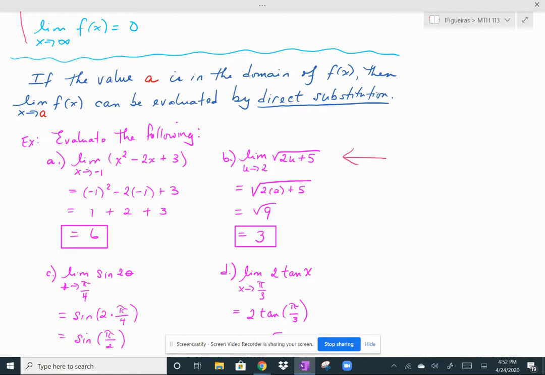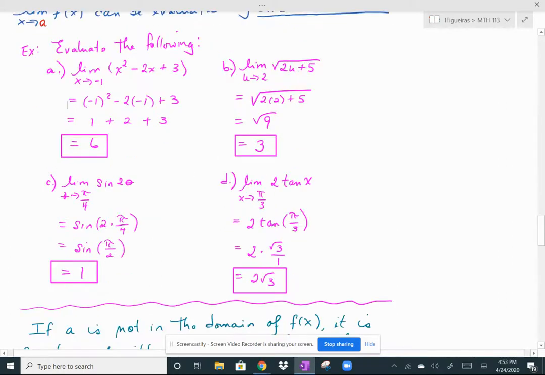If I were to plug in 2 in for u, you would get the square root of 2 times 2 plus 5, which is the square root of 9, and that has a limit value of 3. Notice that when I plug in the number, I no longer write the limit. So here, once I plugged in negative 1, you don't write the limit in front of the expression. You're just evaluating the function at that value.